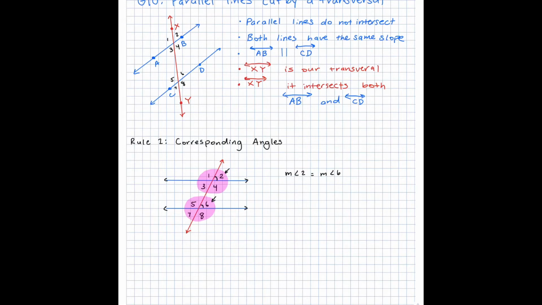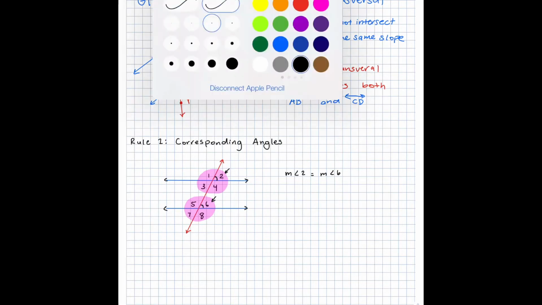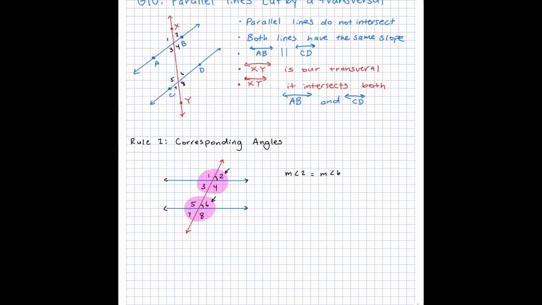Now there's 4 sets we're going to look at. If I look at angle 1, which angle on the bottom do you think looks like angle 1? That's going to be angle 5.